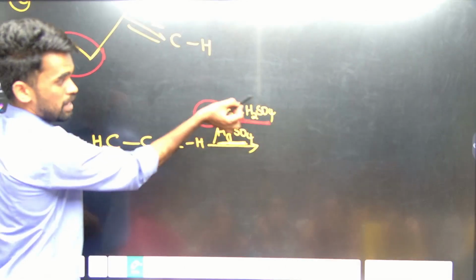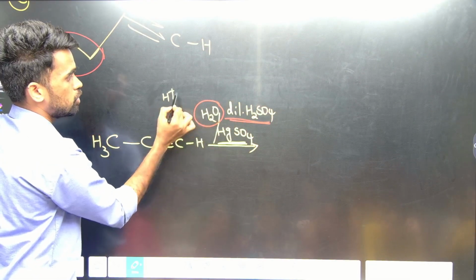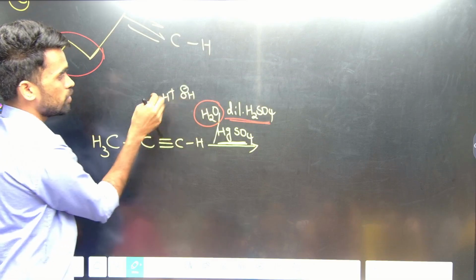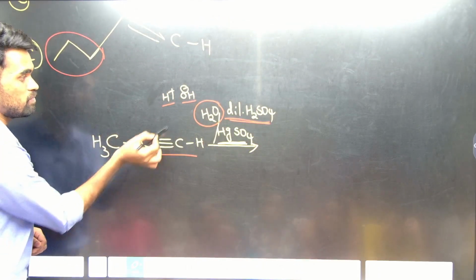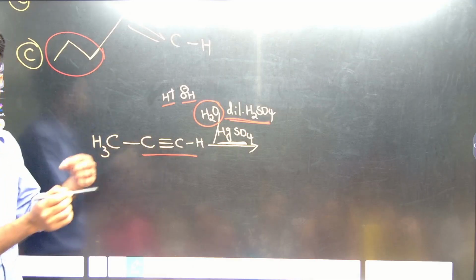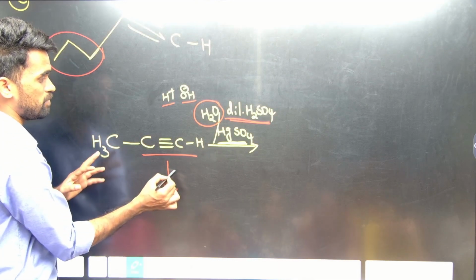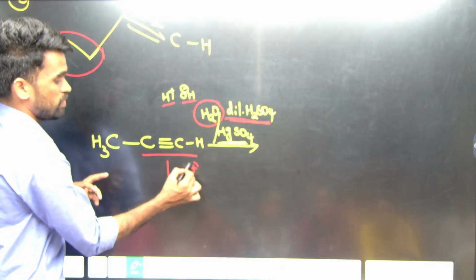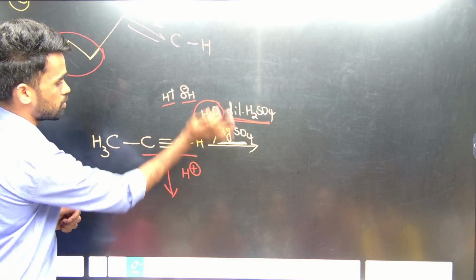Okay, see, what I told you: when there is acid, it contains H plus, dilute means OH minus. So you are adding H plus and OH minus to this alkyne. What will attack here? Pi electrons are there, so nucleophiles or electrophiles? Nucleophiles, so what should we add first? H plus. Where can I add out of these two? Middle carbon or terminal carbon?